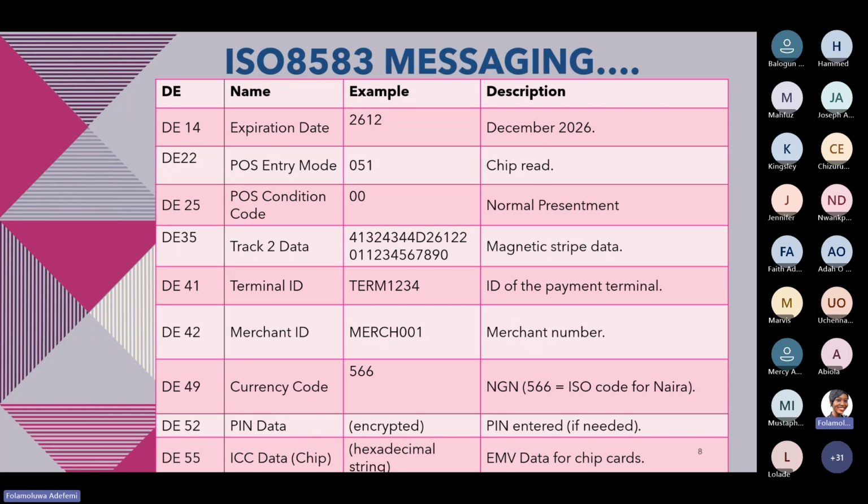Because the data is dynamically created and transacted, the probability of transaction replays happening is lowered, because it has to change for every transaction, unlike the track 2 data, which is static. So this is one of the things that the EMV cards have over the magstripe cards, in security.